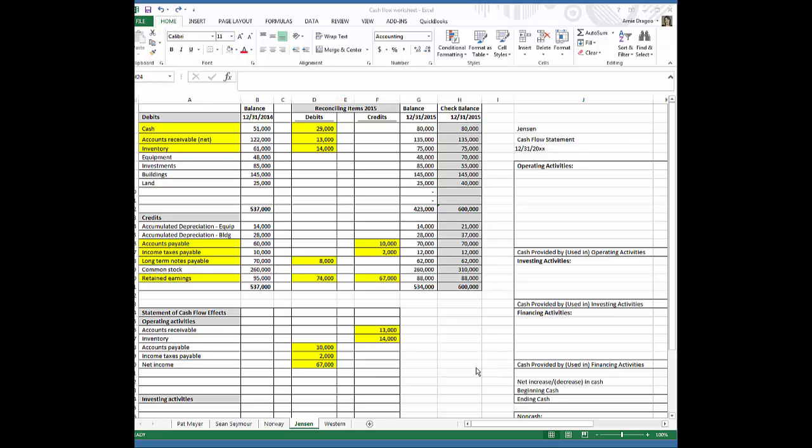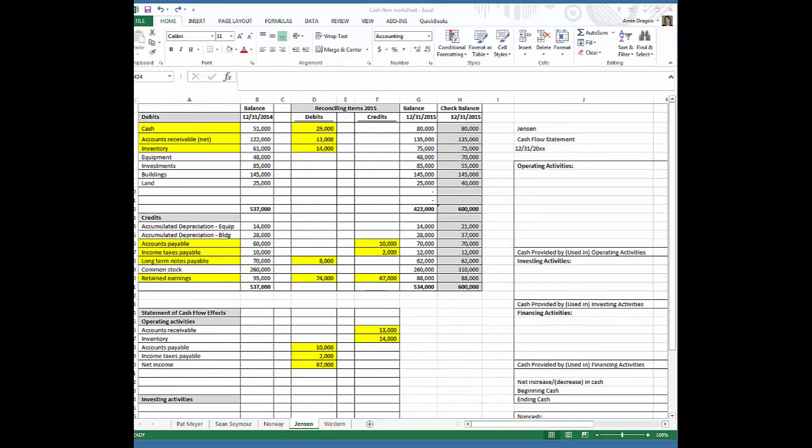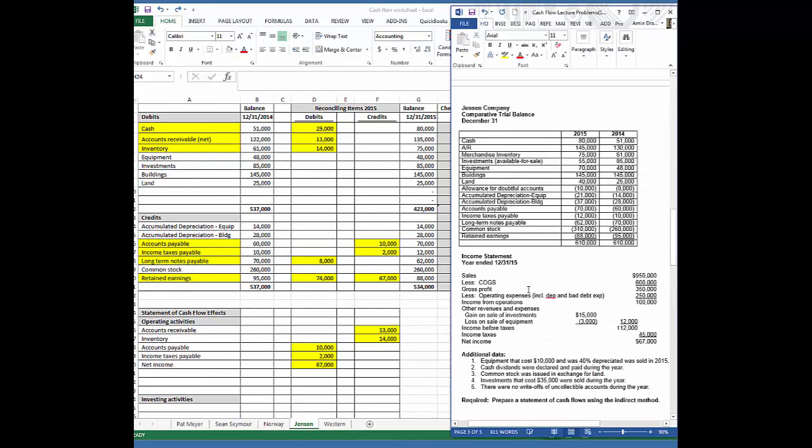All right, let's look next at the sale of equipment. So if I go back to the data of the problem, we've got equipment that cost $10,000, was 40% depreciated, and it was sold in 2015.